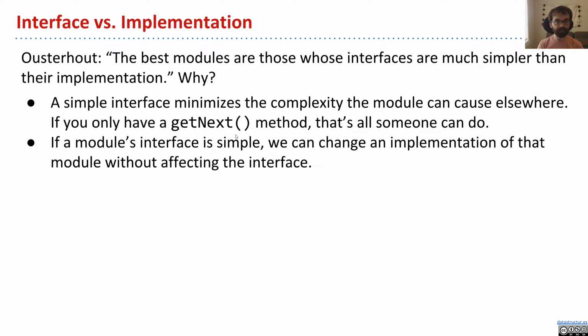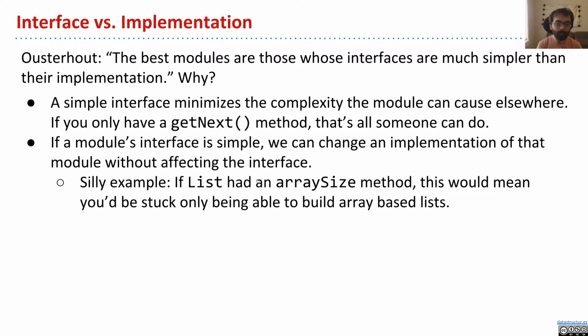Another reason is that if a module's interface is simple, and this is a little more subtle, we can change an implementation of that module without affecting the interface. So I'll give you a silly example that drives this home. Let's say that the Java designers had included an arraySize method for the List interface, assuming that only array-based lists would be created.